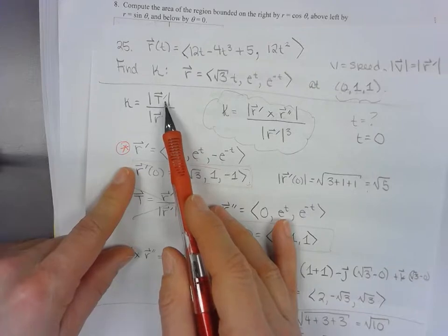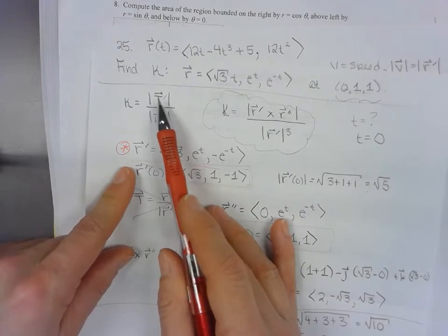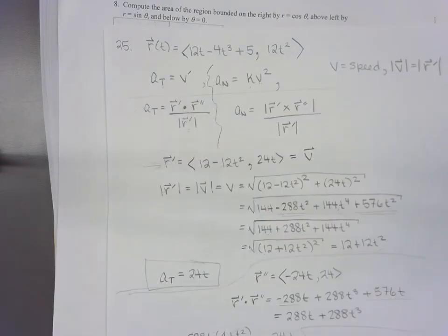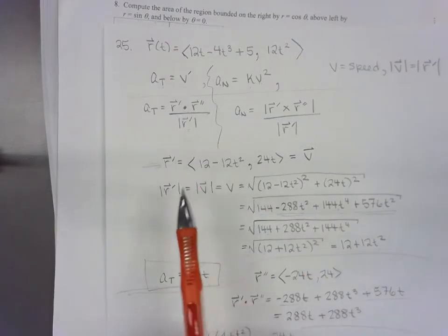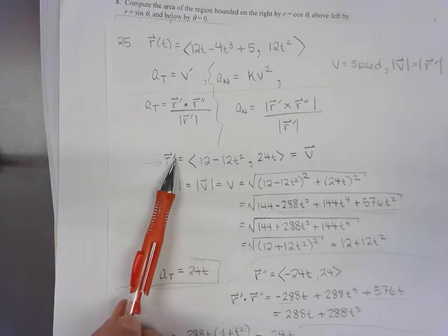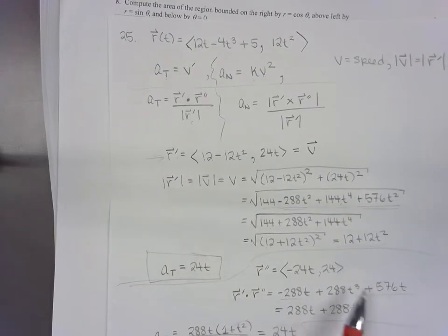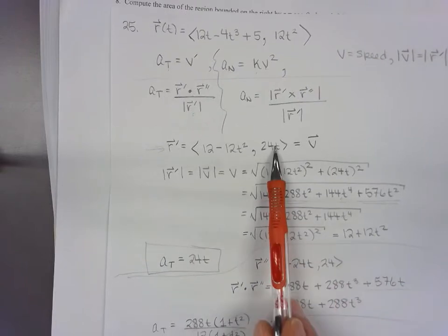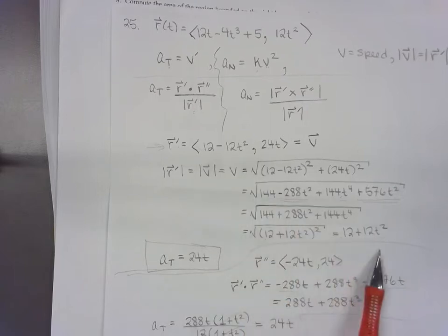I don't know that I want to do T prime. I mean, you could, but you'd have to do r prime divided by its length, which was this. So you would have to use the quotient rule here. You'd have 24t over this. So you'd have to use the quotient rule. And I don't want to do that.